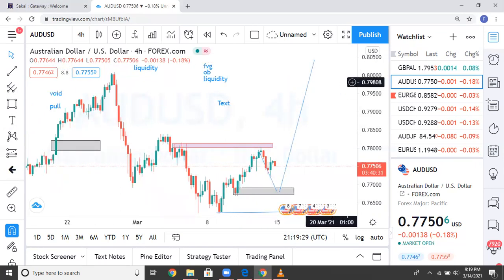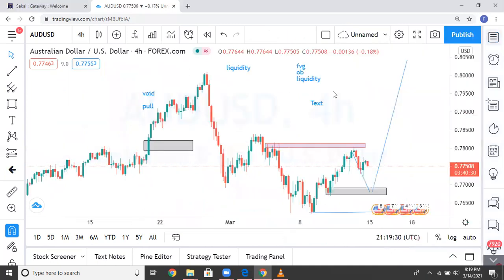That's the first thing you need to check. When we say the market is moving in a bias, we are saying whether the market is selling or buying, whether the trade is a selling trade or a buying trade.